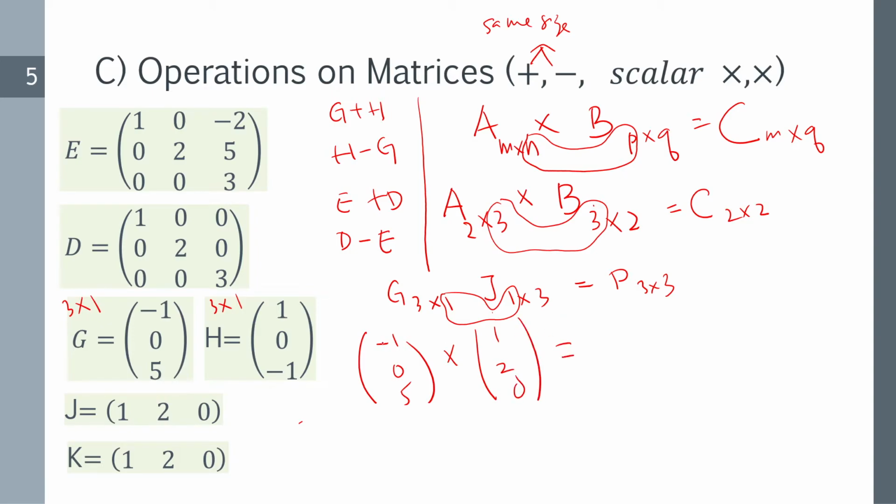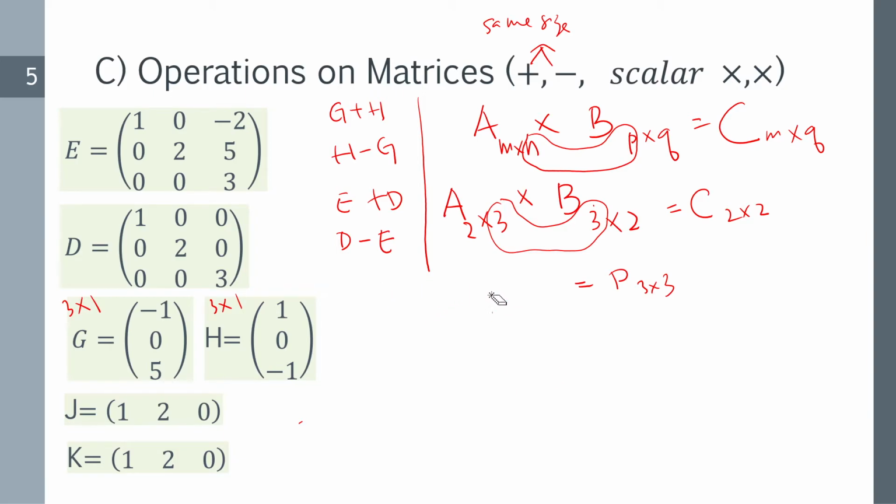Okay, we go by row. The first one, we go this way, to the right-hand side, and for the second one, we go down. I think the easiest way to see the multiplication is by using 3 times 3.